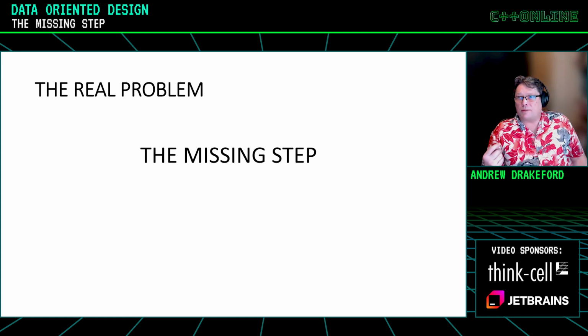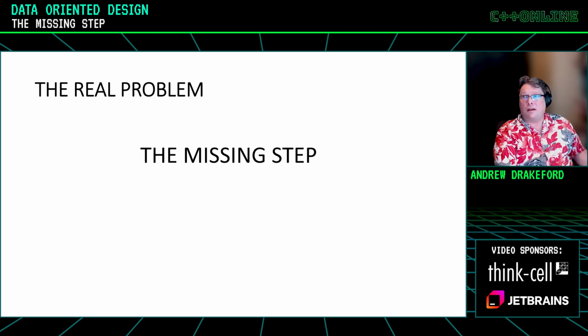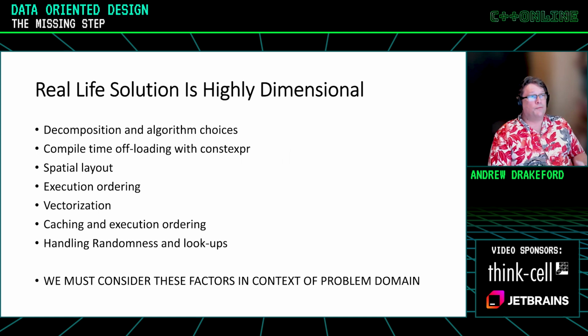We're going to try and explore this very, very highly dimensional problem and add a few more tools in there that might be useful to people. So in real life, the performance of a system is extremely highly dimensional in terms of the choices that we have.